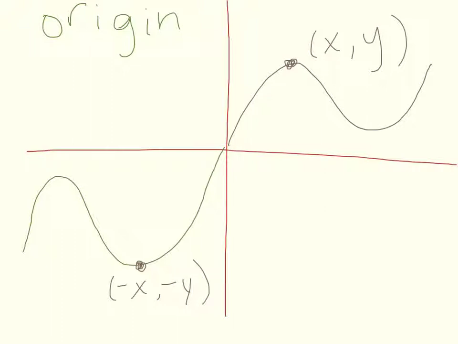So in the case of symmetry with respect to the origin, you're taking this and you're just twisting it this way. I'm kind of drawing what it would look like as you're bringing it this way. You're turning it.